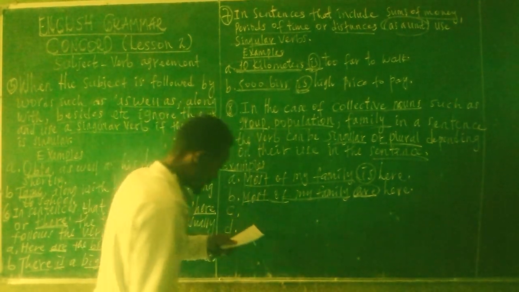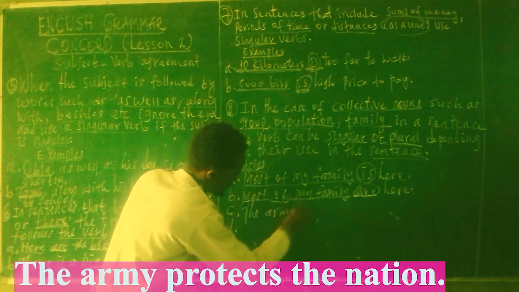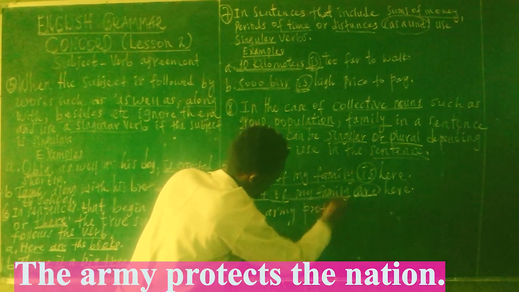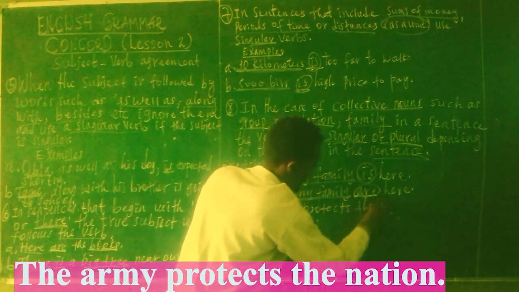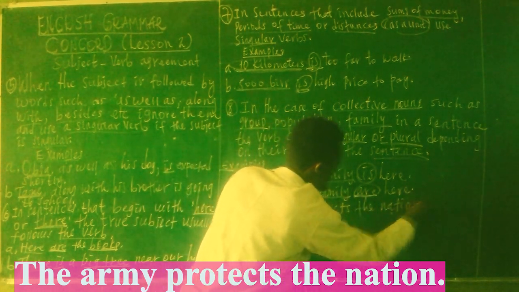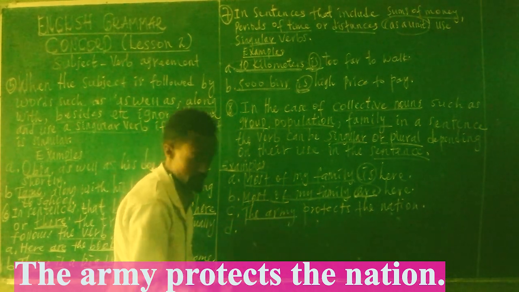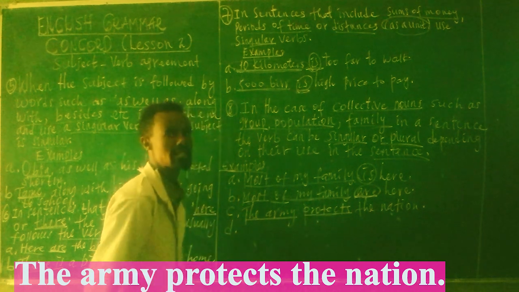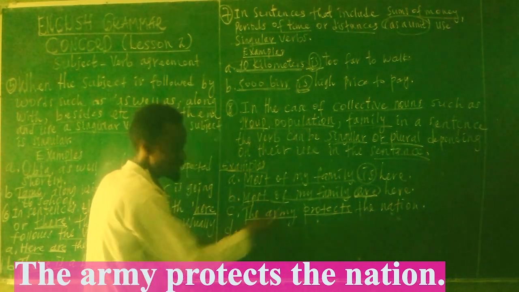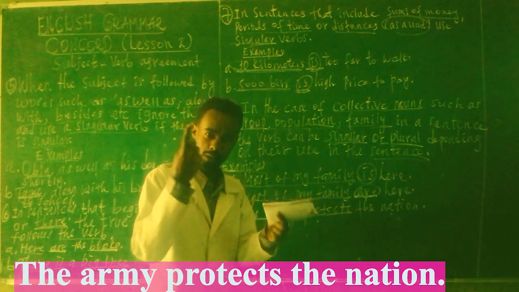The other example, the army protects the nation. When I say the army protects the nation, the army is a collective noun, and the word protects is the singular verb. Why? The army is a collective noun. I'm talking about one group.